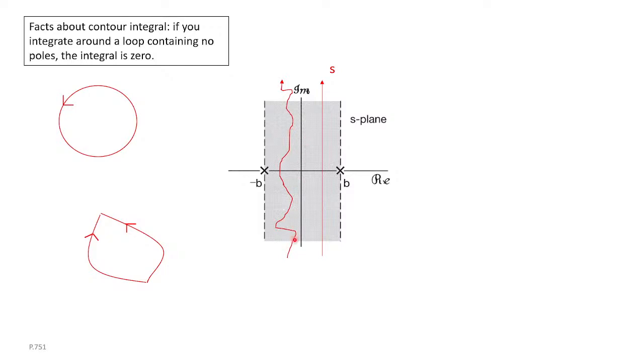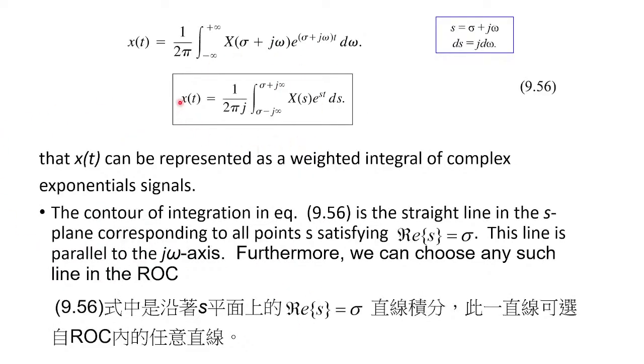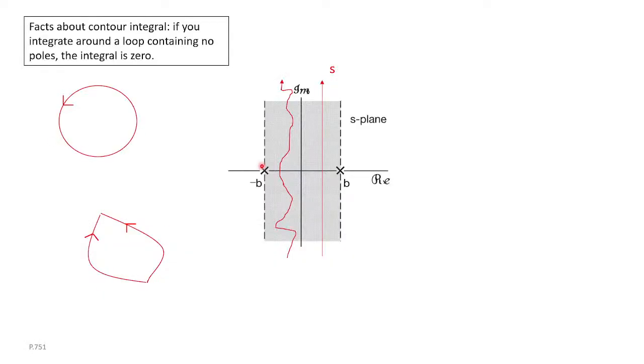You can basically pick any contour, but straight lines are probably better. So you pick any contour inside your ROC from negative imaginary infinity to positive imaginary infinity, and you integrate along this line, and that will give you the inverse Laplace transform. But we probably won't have many examples of doing this.